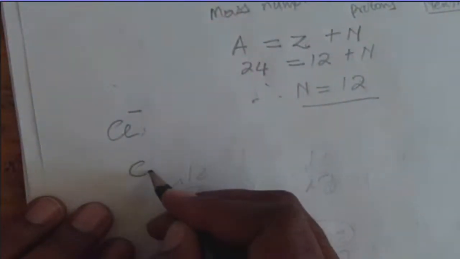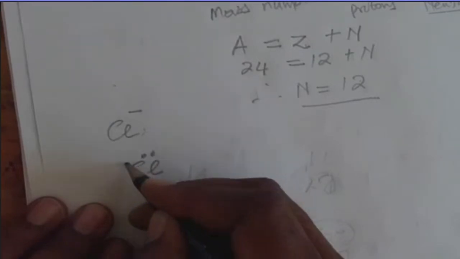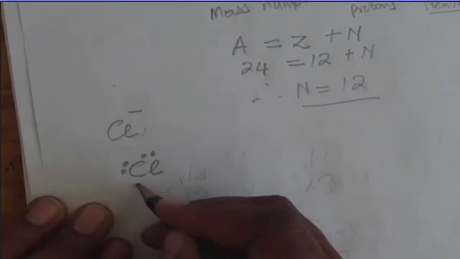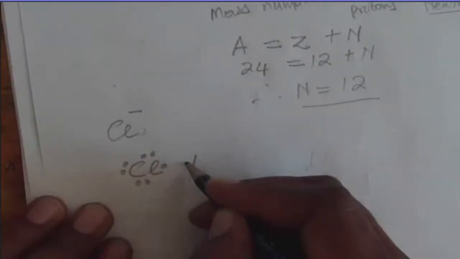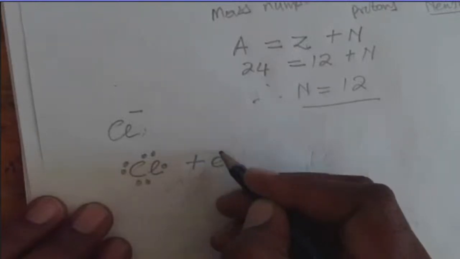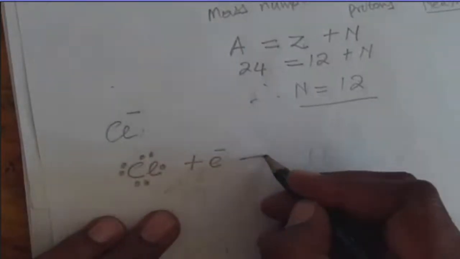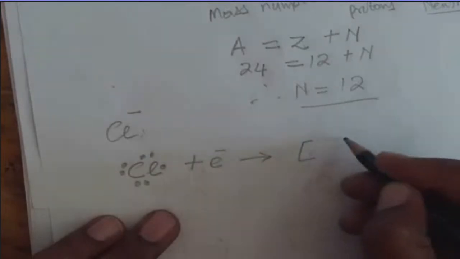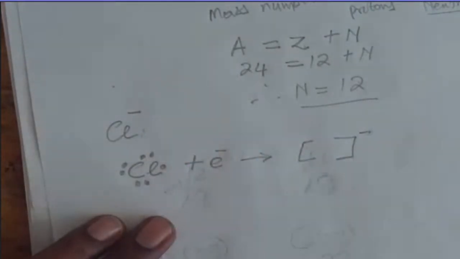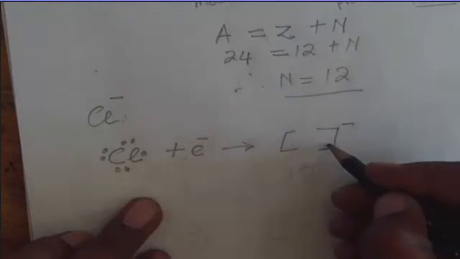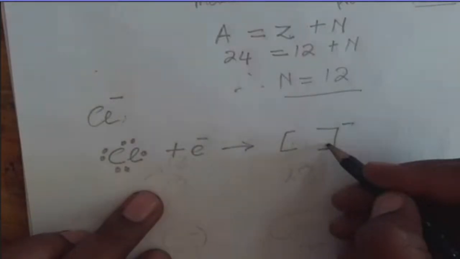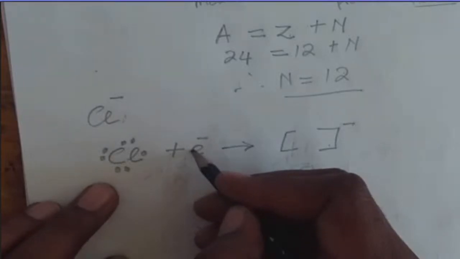Chlorine is group 7, so to get group 8 I need only 1 electron, to obey the octet rule so that I can become an ion. The octet rule says the maximum is 8.